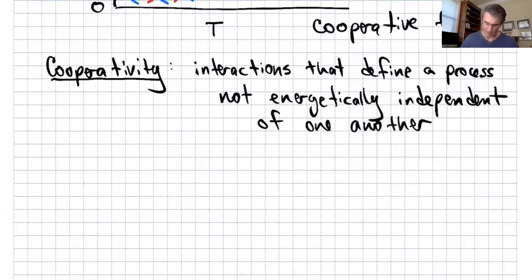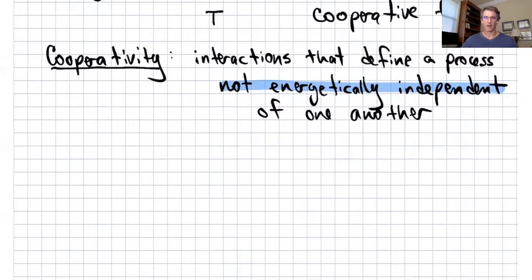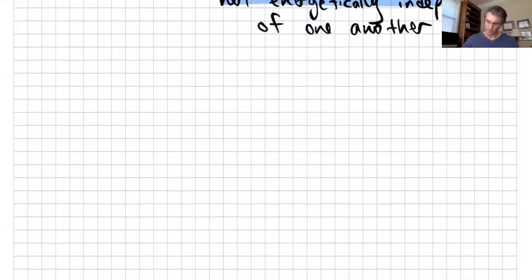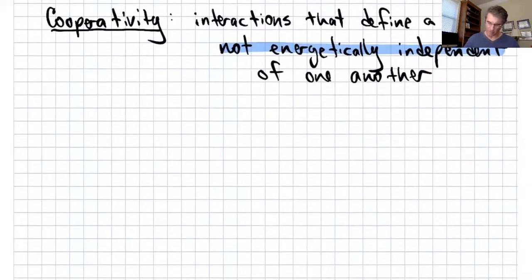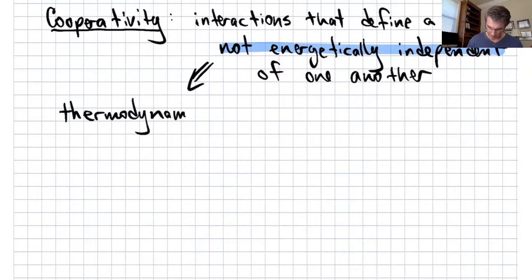Right? They're not energetically independent of one another. Another, more formal way to put that is to say that in cooperative processes, the interactions that define that process are also known as being thermodynamically linked to each other.